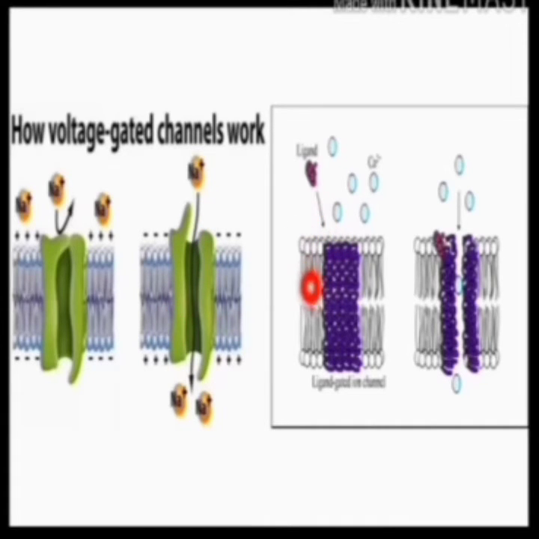Second example is chemical gating: a ligand binds to a protein that causes conformational changes in bonds and shapes that allow the molecules to move inside.